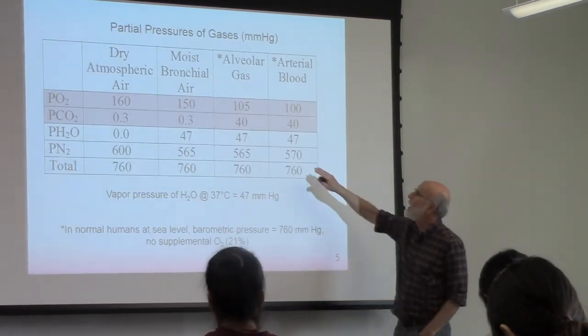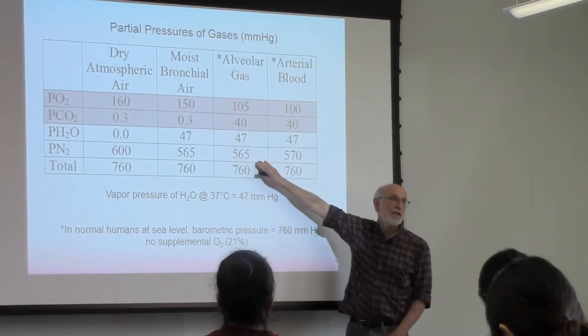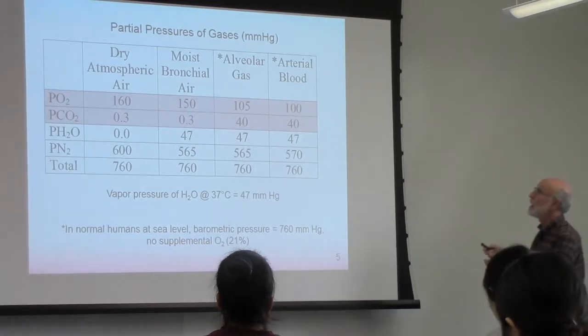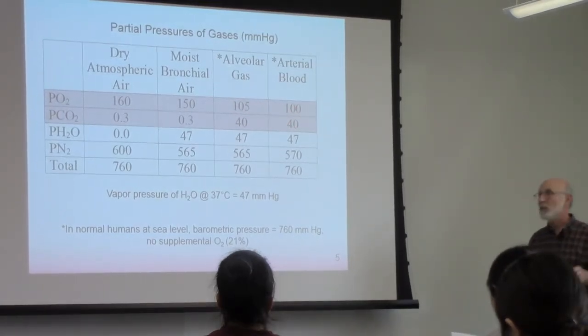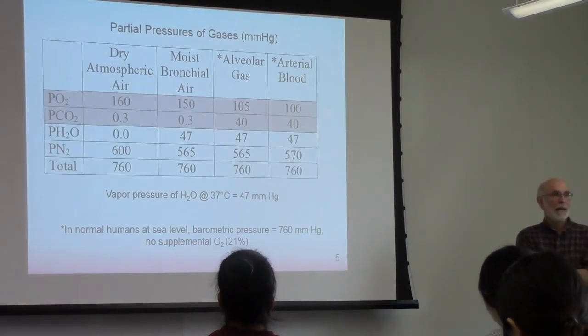So although I can't explain this difference, and since nitrogen isn't important, I'm not worried about it, see if you can explain why are these two numbers the same, and why are these two numbers not exactly the same?